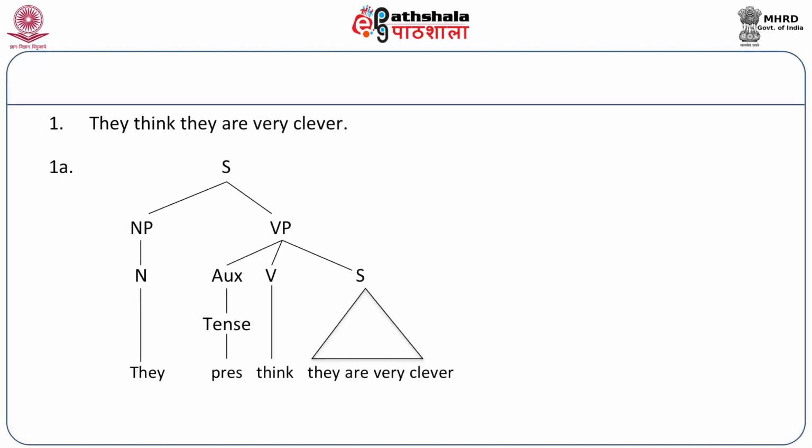In sentence 1, we have two phrases, a noun phrase and a verb phrase. The noun phrase is they and the verb phrase is think they are very clever. They are very clever is a clause, and we call it an S because we also use S for sentences.